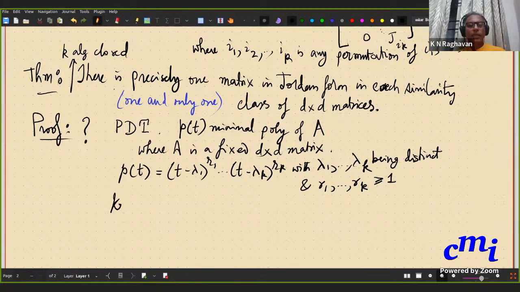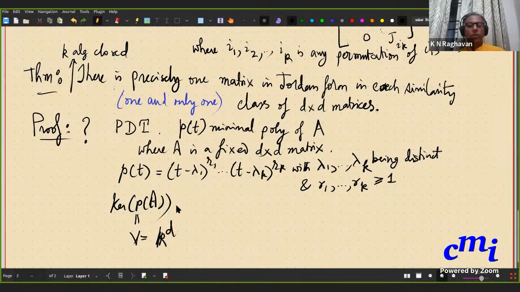So the kernel of P_A is the whole of V, which I can write as K to the D. This is a D by D matrix, and I'm thinking of V as K^D. I hope this is all right. I'm thinking of this matrix as acting on K^D, as D cross 1 column matrices.